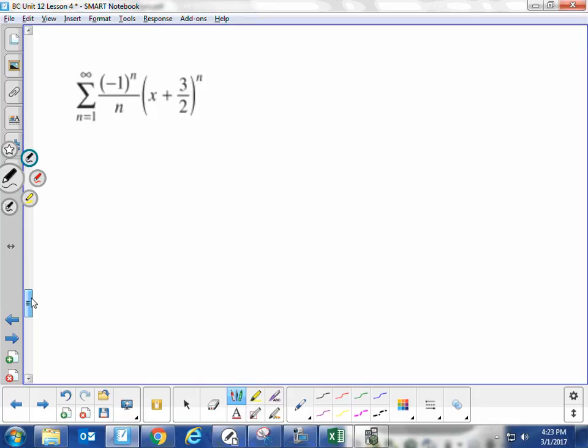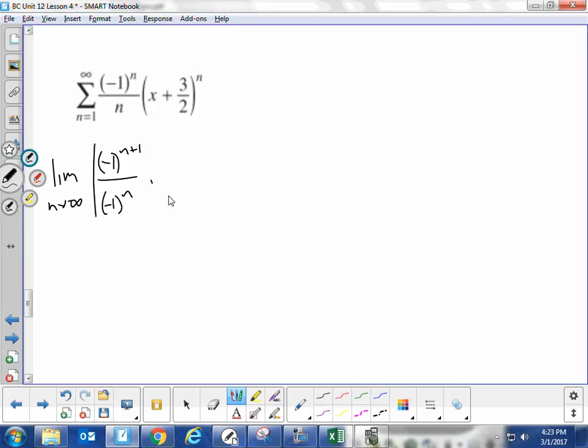Let's find the radius of convergence and the interval of convergence. So I'm going to use the ratio test to find out for what values of x this will converge. So here we go. The limit as n approaches infinity of the absolute value of -1 to the n plus 1, I'll do everything all at once, over -1 to the n.